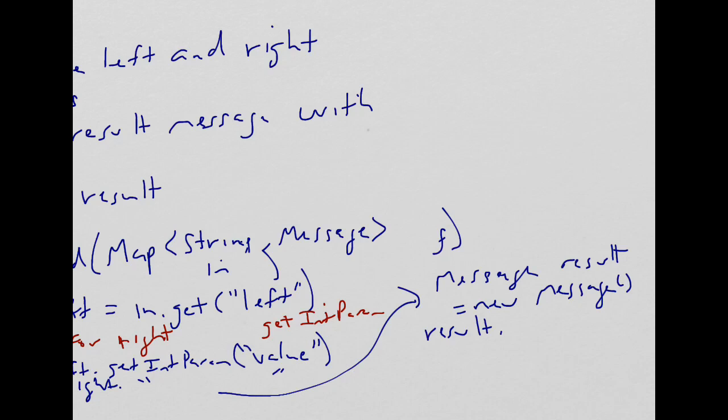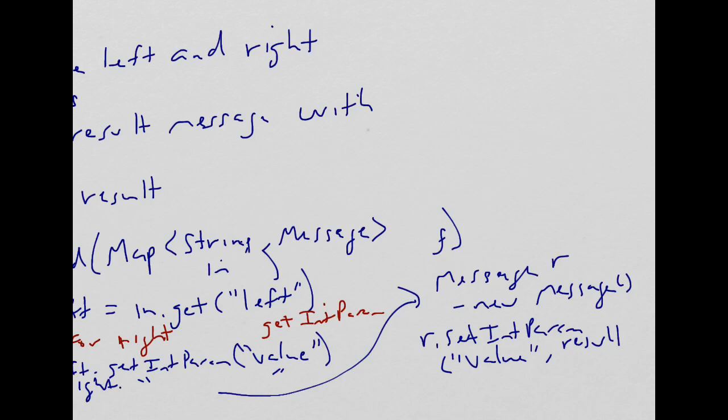But anyway, let's just call this R. I'm going to erase this here. Let's fix this now. So R, and then R.set int param, and I believe that in my description I used the same key name for this, so value, comma, result. And then all we do is we return that message.